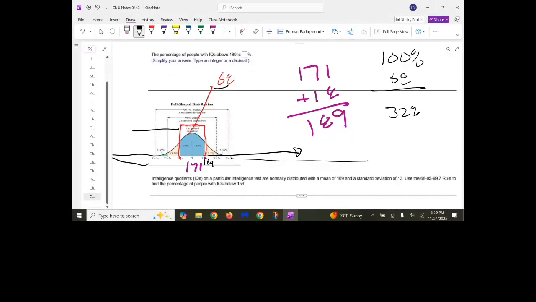So 32% of the numbers are going to fall on the sides of that red area. So what I want to do is find half of that. Half of that should be 16%.